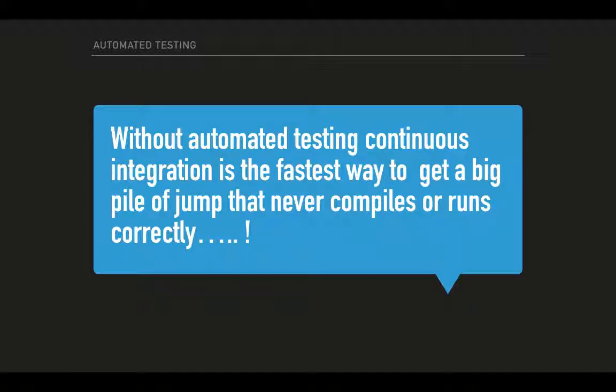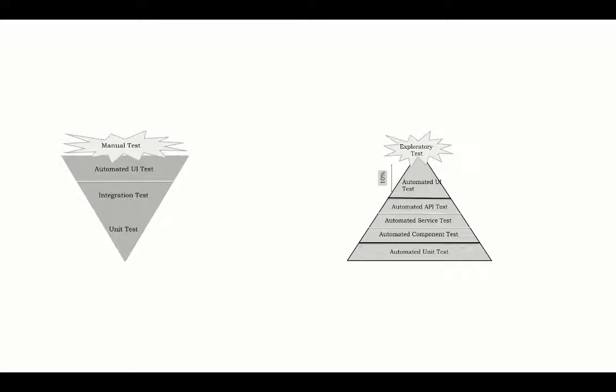And this is what happens. Without automated testing, if you use continuous integration, it's the fastest way to get a big pile of work that never compiles or works correctly, right? So that's where testing is important. And the right way of doing testing is on the right side, not the left side. It's expensive to detect the problems later on, because automated unit tests are faster. Integration tests take a few hours, and then you have the rest of the tests, and then you have production, right?